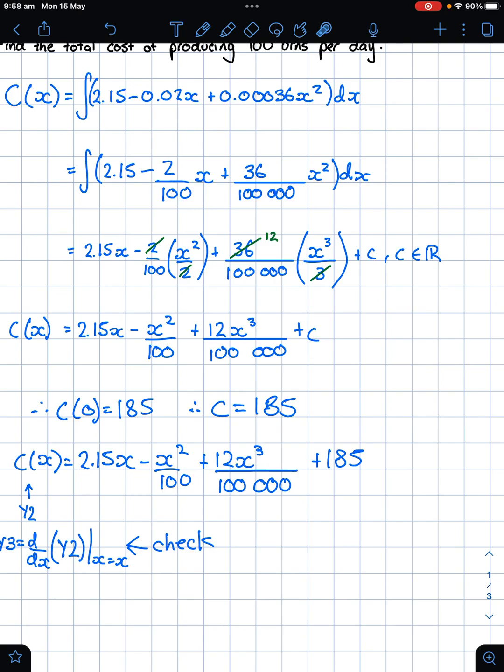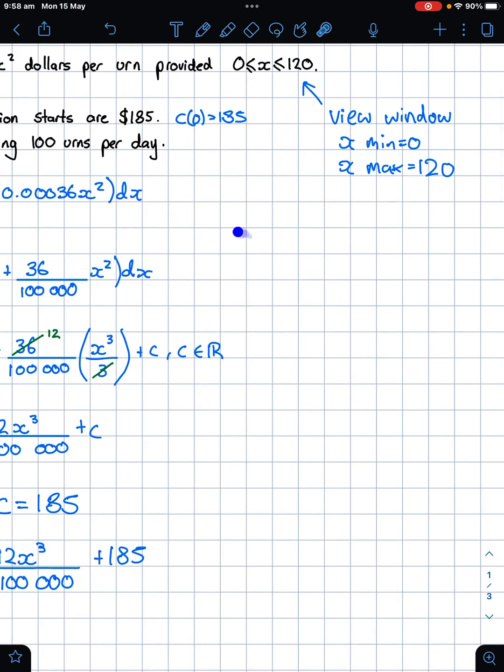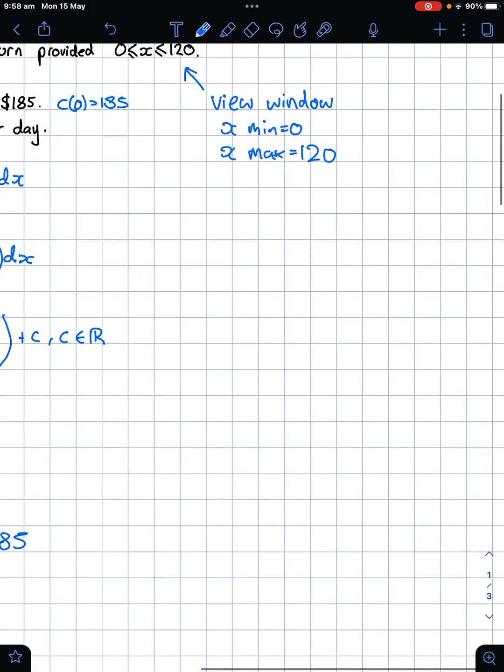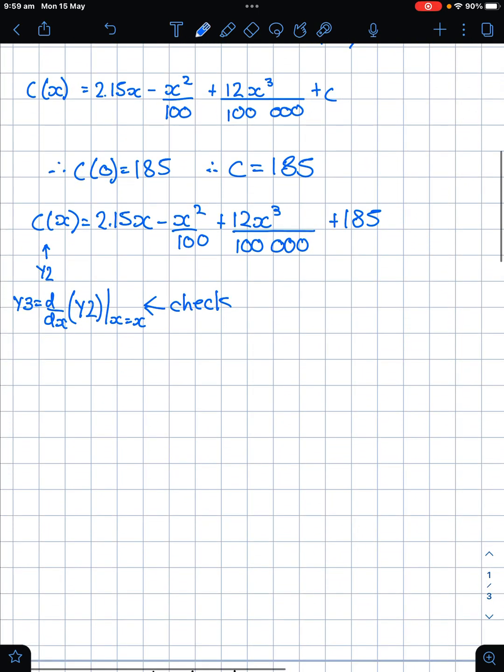So with a view window, playing around a little bit, I've got y min equals 0, y max equals 10. And I can see this is a parabola, and I can find the minimum here. And the minimum for both functions here is 1.87. It's at 27.5. So they both match, and I see they're the same function.